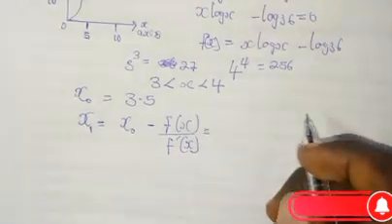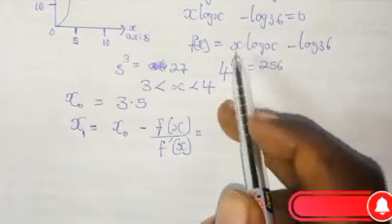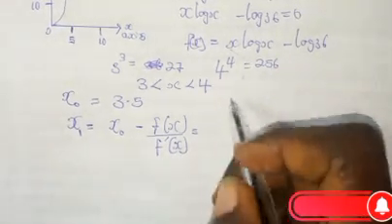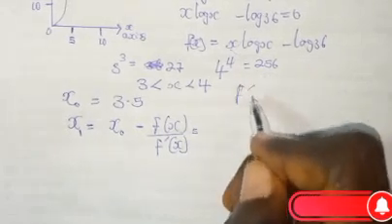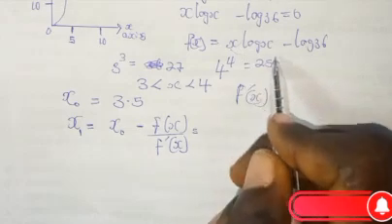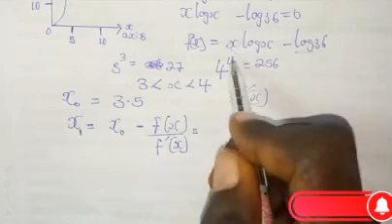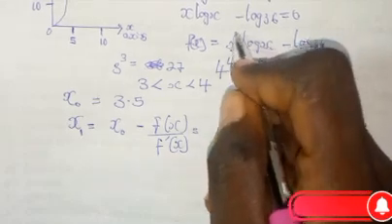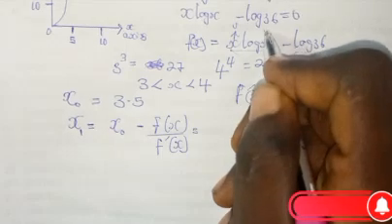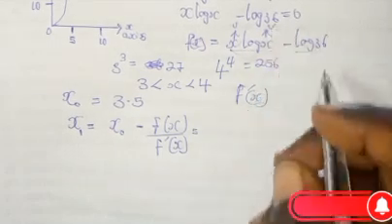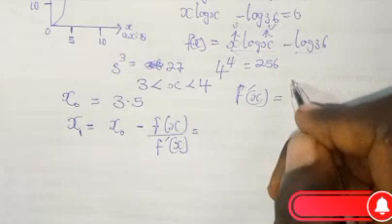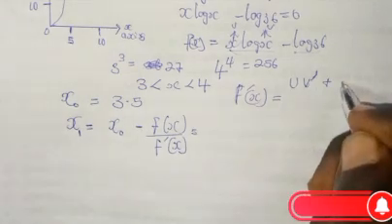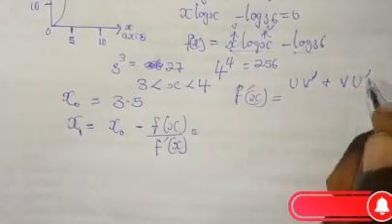So now, we have gotten our f(x) to be this. So let's look for the derivative. Now, if you look at this very well, we are going to be using the product rule. The constant yields 0, right? So we'll focus on this, and here we'll be using the product rule, whereby x here stands for u and the log x here stands for v. So to use the product rule, it will be u multiplied by the derivative of v plus v multiplied by the derivative of u.